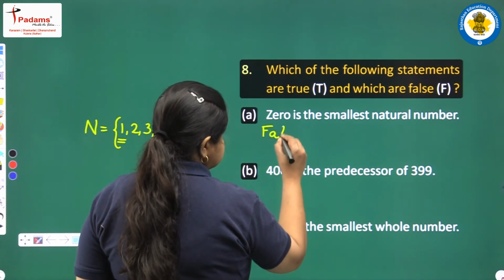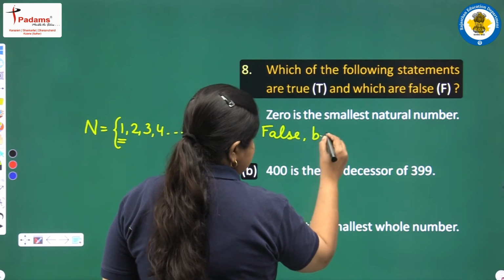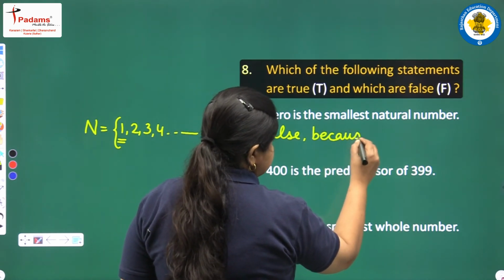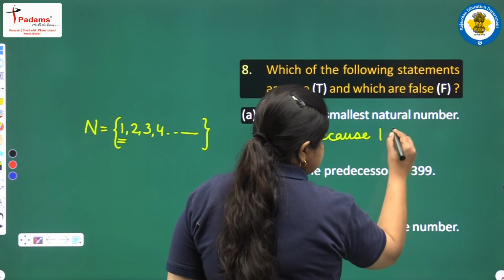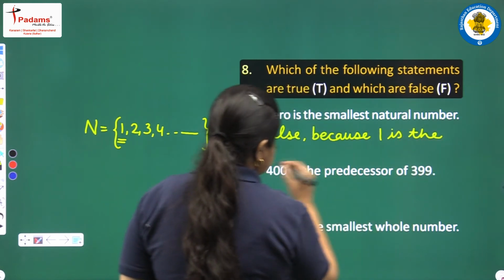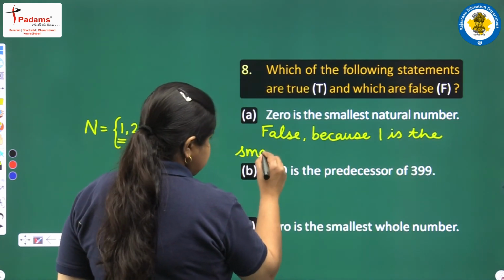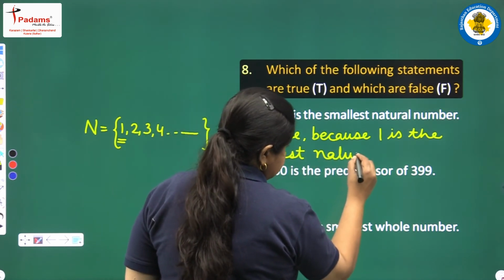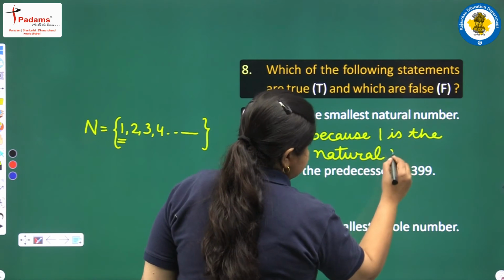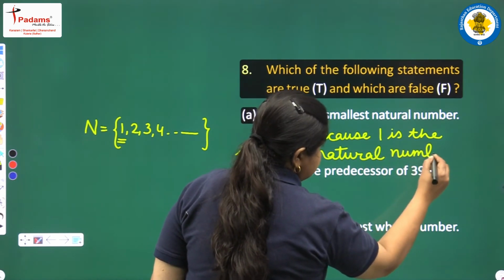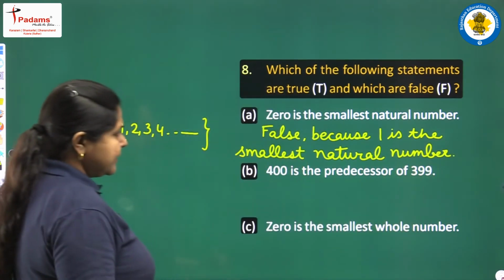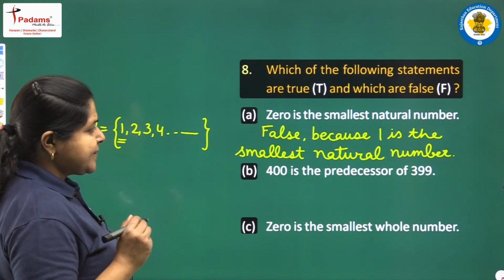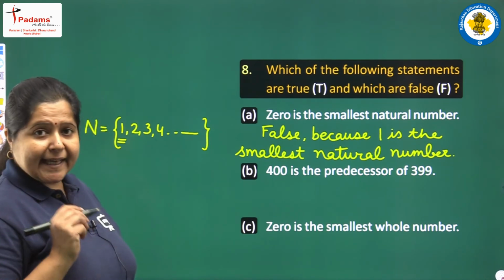False, because 1 is the smallest natural number. Then, 400 is the predecessor of 399.